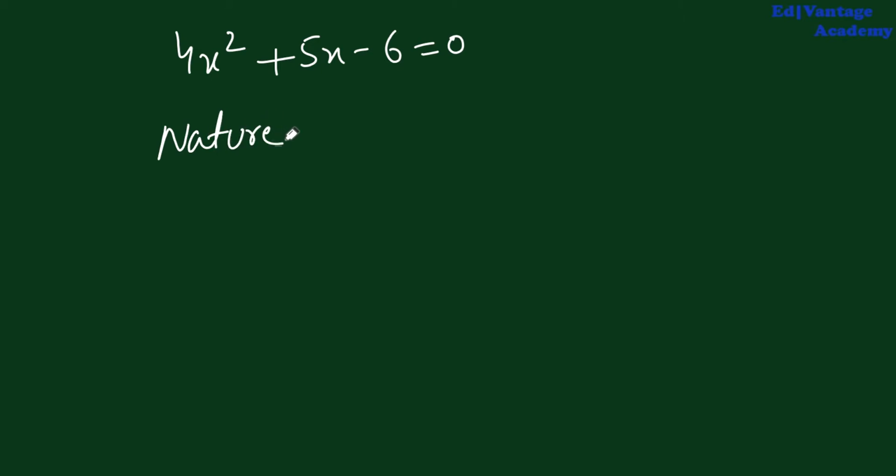If I give you one quadratic equation like 4x square plus 5x minus 6 is equal to 0, what is the nature of roots? Nature of roots means nature of those values of x. You have to find it without solving.